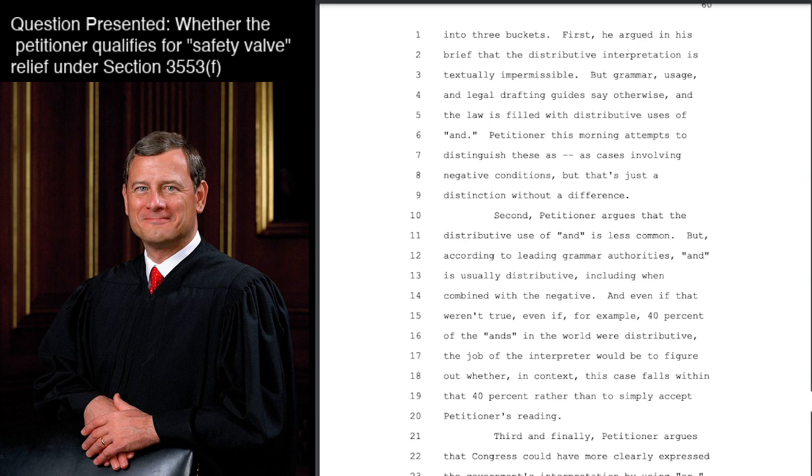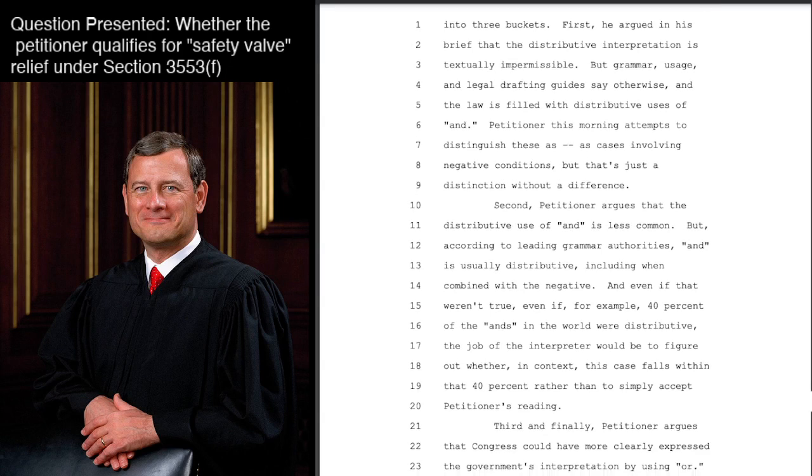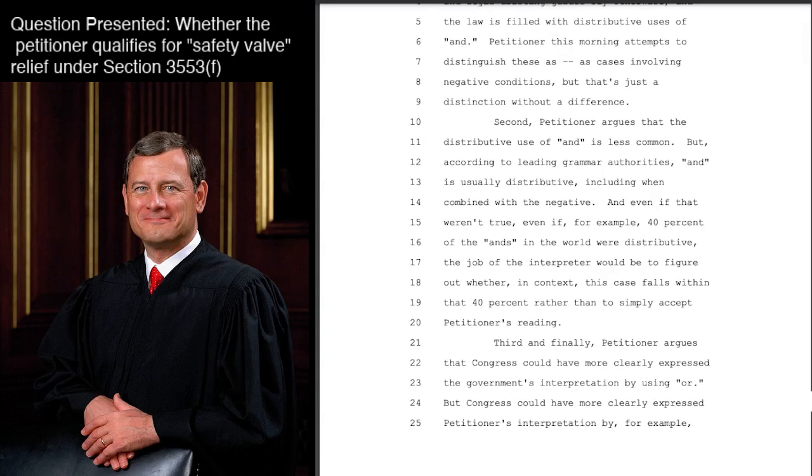Second, petitioner argues that the distributive use of "and" is less common, but according to leading grammar authorities, "and" is usually distributive, including when combined with the negative. And even if that weren't true, even if, for example, 40% of the "and"s in the world were distributive, the job of the interpreter would be to figure out whether, in context, this case falls within that 40%, rather than to simply accept petitioner's reading.